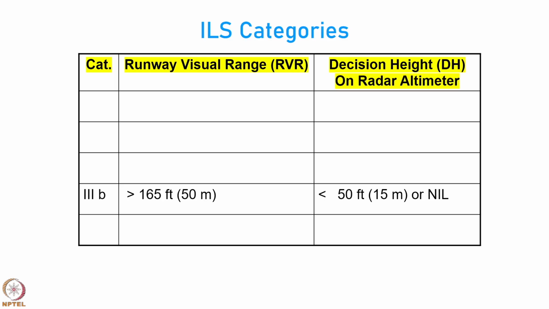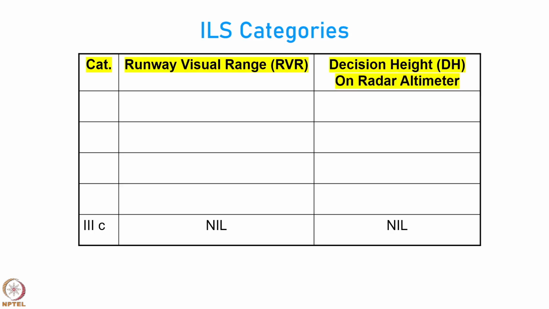So, now in category 3B, both the decision height has been reduced and the RVR at that height is also reduced. So, even if you bring the aircraft to 15 feet above the runway surface and if your visibility or RVR is less than 165 feet, then even CAT 3B is not enough, you have to abort the landing.